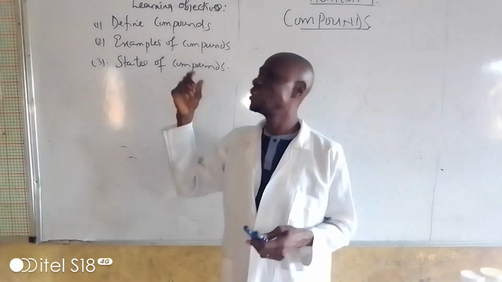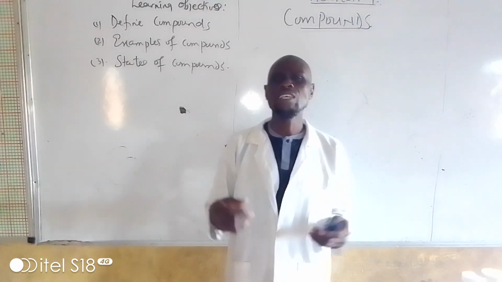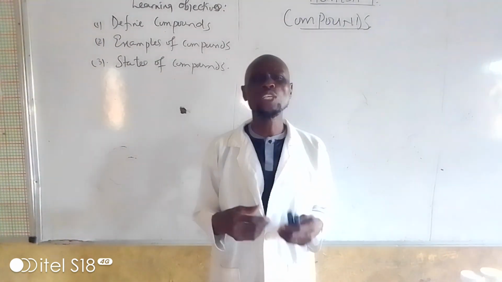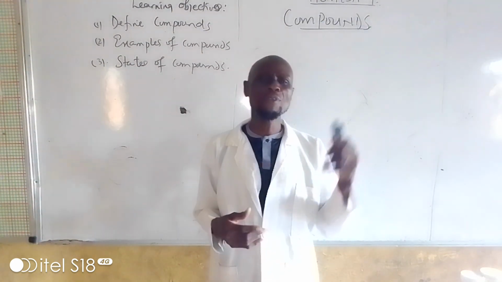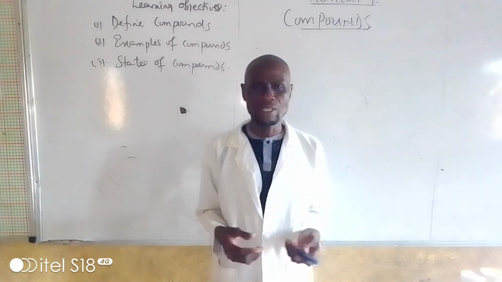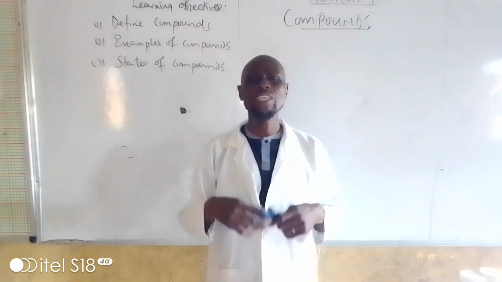So how do we define a compound? In chemical terms, you can say a compound is a substance which contains two or more elements chemically combined together. In the previous class, I discussed at length what an element is and the symbols of elements. We have so many elements.